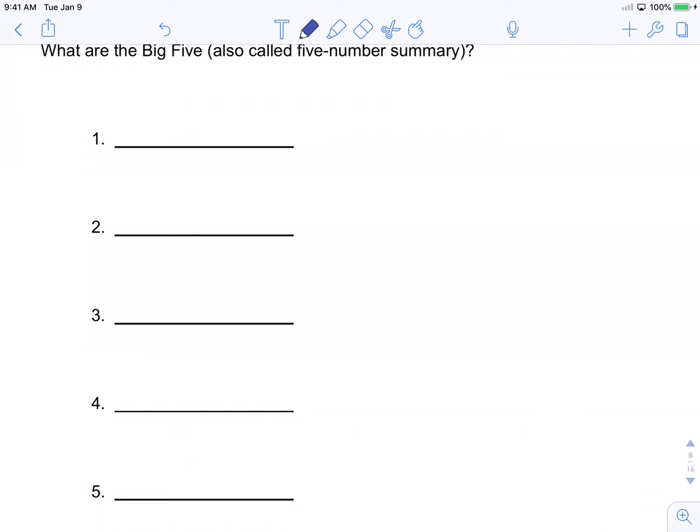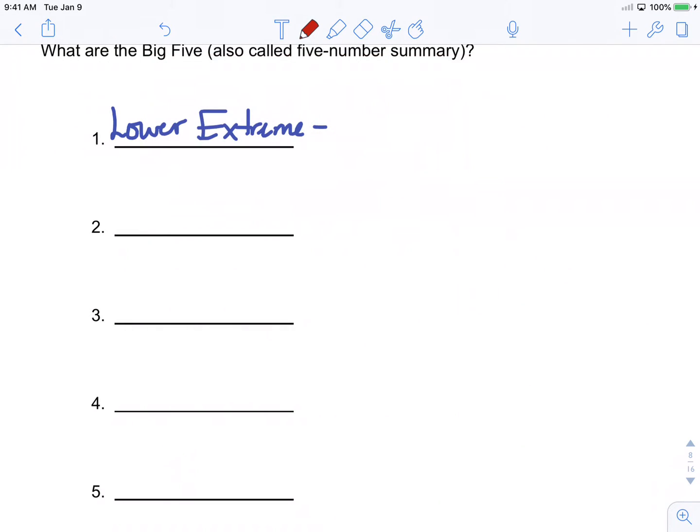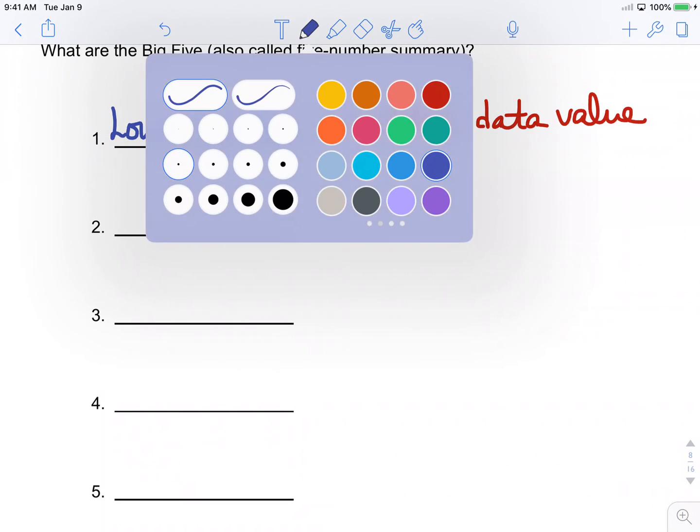We're going to start with something called the lower extreme. When you think of a lower extreme, think of the word extreme. See if you can come up with a definition for a lower extreme. So lower extreme is the smallest data value.